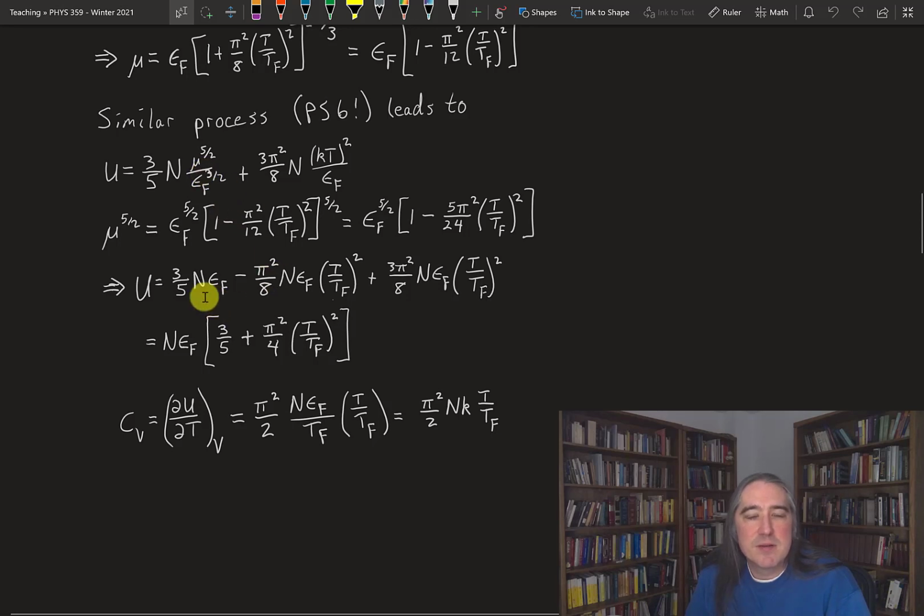We plug that in. And so the first term here will become, again, the 0th order term we know it ought to have. Multiply it out. This becomes pi squared over 8 n times E Fermi T over Tf squared. And then this last term with the 3 pi squared over 8, n, and then I'm just going to stick another E Fermi here and 1 in the denominator, right? Multiply and divide by E Fermi.